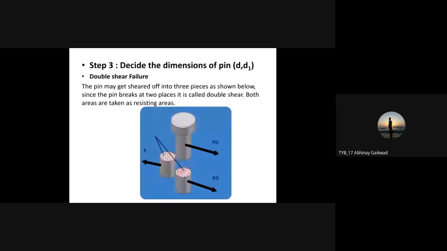So this 2 is used for double shearing of the pin. It occurs at two places, that's why we use the 2 in the formula, so two times that area is resisting the shear.